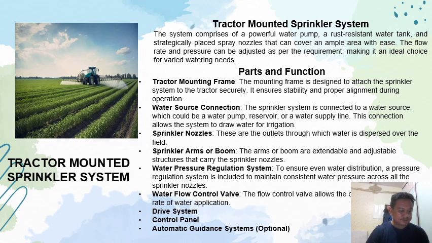Water pressure regulation system: to ensure even water distribution, a pressure regulation system is included to maintain consistent water pressure across all the sprinkler nozzles. Then water flow control valve: the flow control valve allows the operator to adjust the rate of water application.